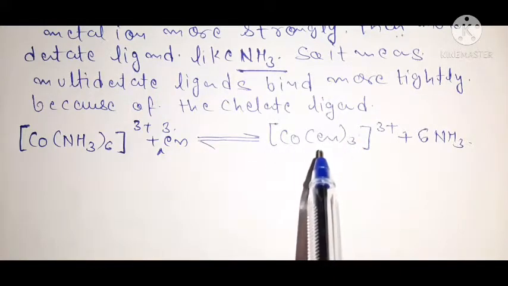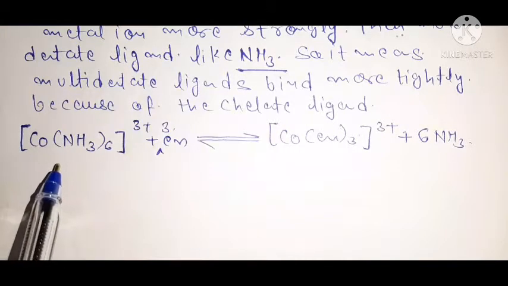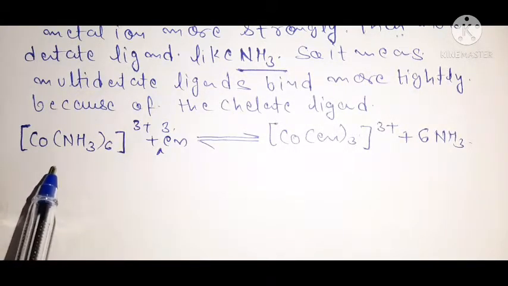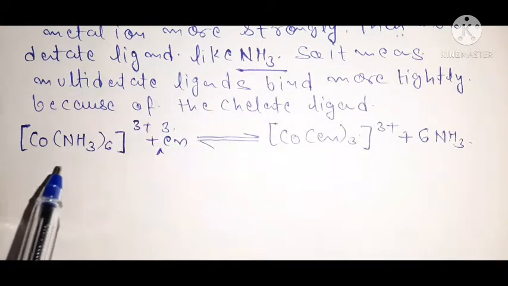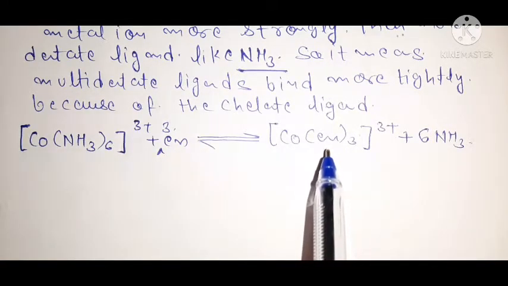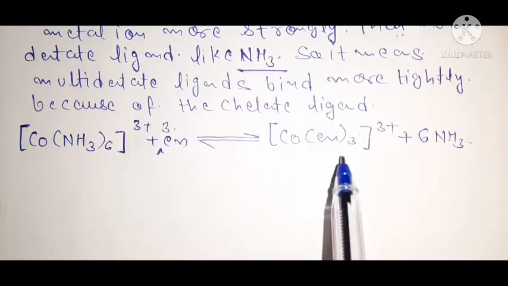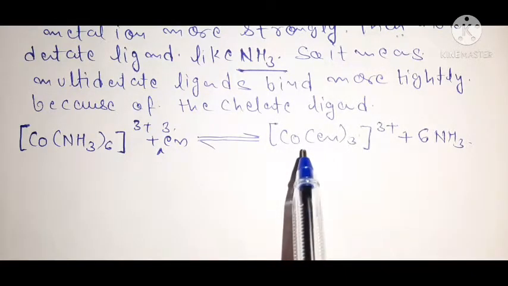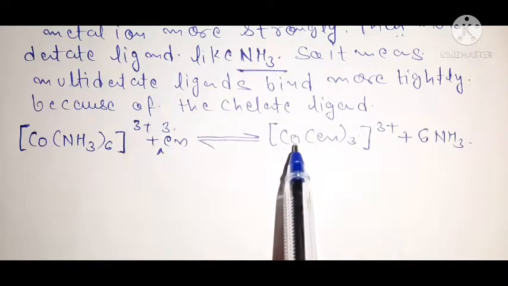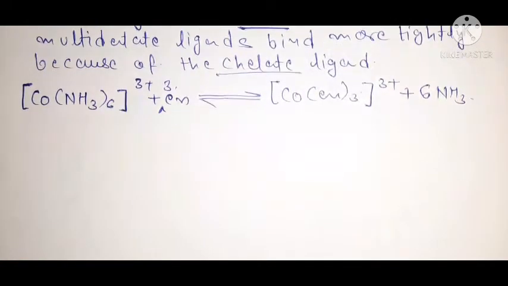It is also a hexacoordinated octahedral complex, but the substrate has 6 NH3 ligands, while this has only 3 ethylene diamine ligands. Okay, so here chelate effect is observed. In this complex, ethylene diamine can bind more tightly with this cobalt metal atom due to this chelate effect.